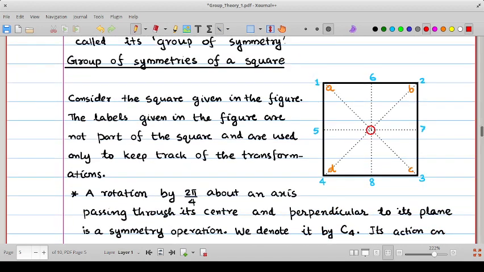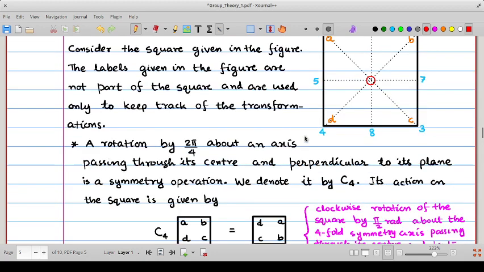First of all, as we have already mentioned, if we consider an axis perpendicular to the plane of the square and passing through the geometric center, which is given by this red circle, the point that is at the geometric center of this square, then a rotation by pi by 2 about this particular axis will leave the square unchanged.